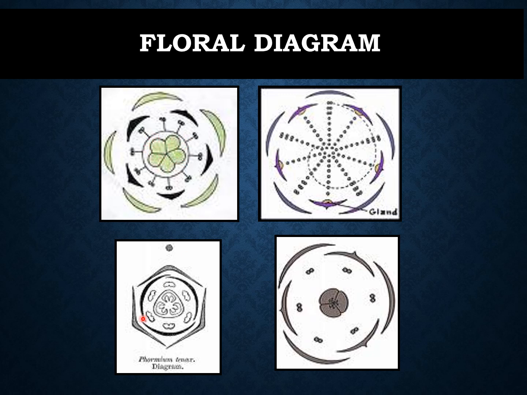locules. And here you will say axial placentation, tetralocular condition, six stamens, polyandrous condition, three petals which are twisted to each other, and three sepals also twisted to each other.